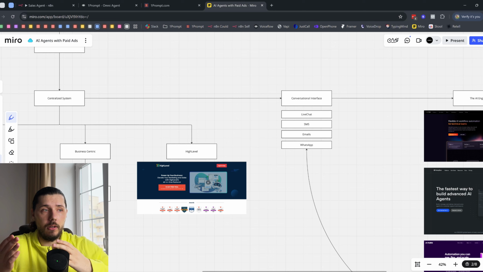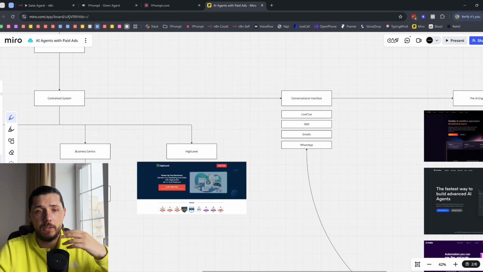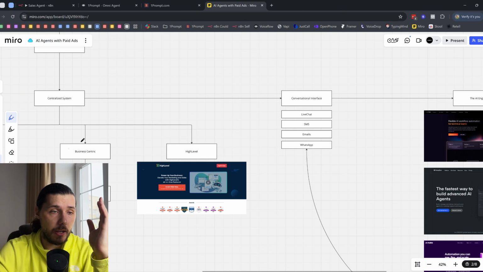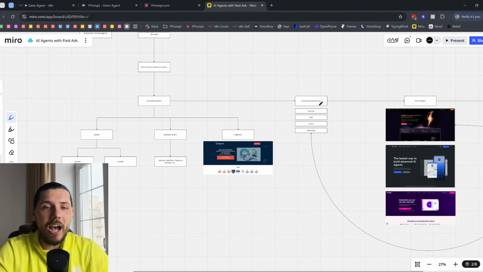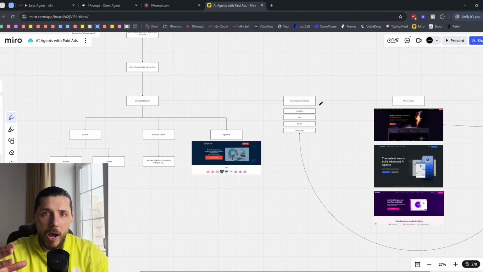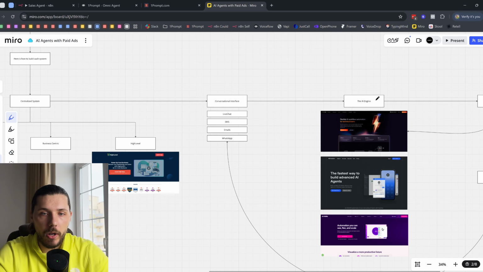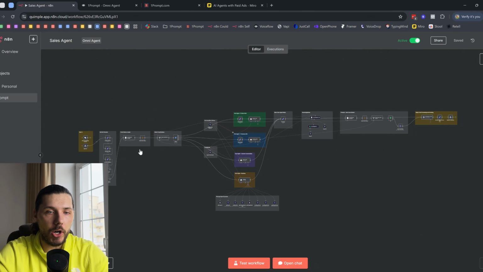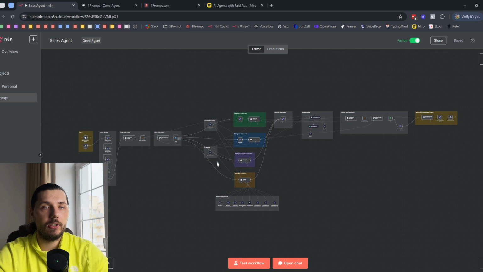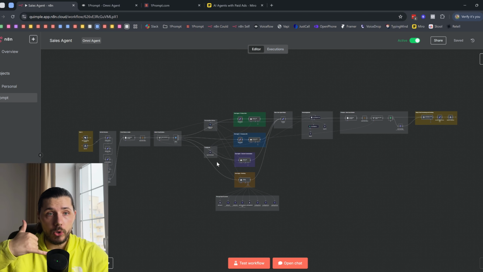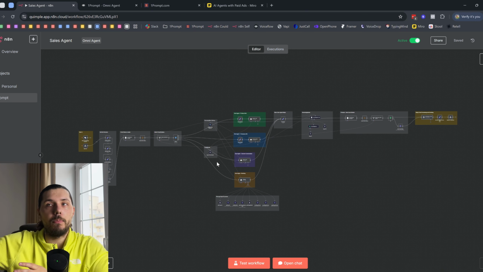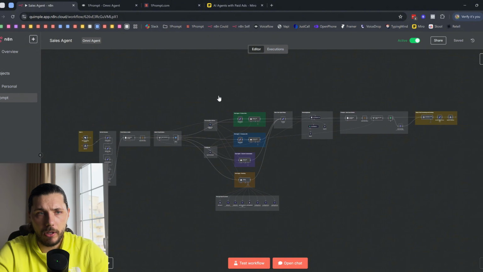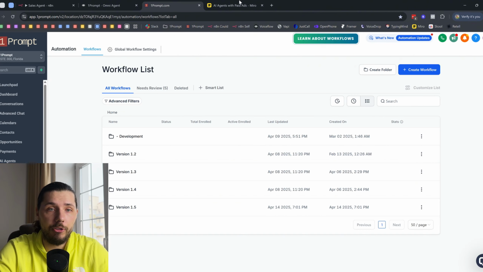You can connect the phone numbers there, you can connect all the SMS, you can even connect WhatsApp there. Okay, that's great. But how are you going to power these channels with your sales agent? How are you going to connect this specific agent to the SMS? How are you going to connect it to the phone calls? If you're even building a separate agent on retail or web, how are you going to sync everything together? This is where the logic comes in.